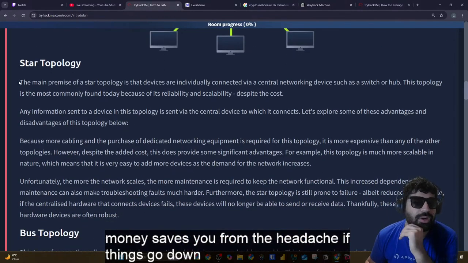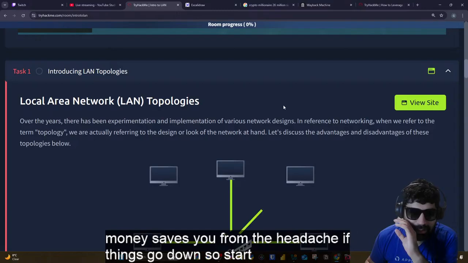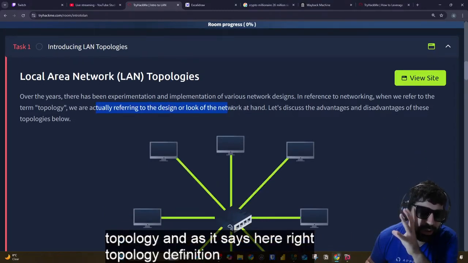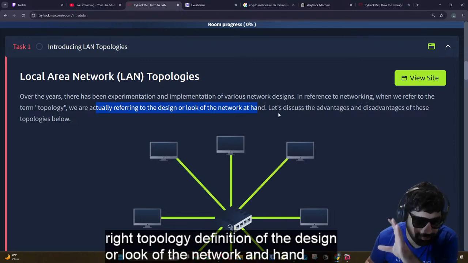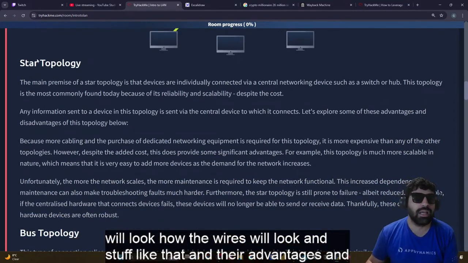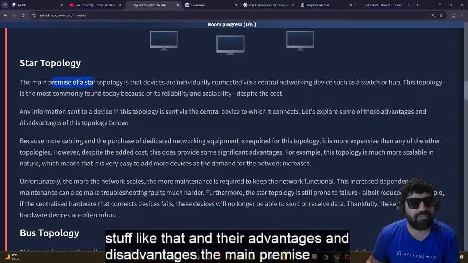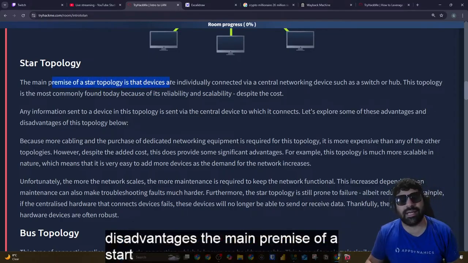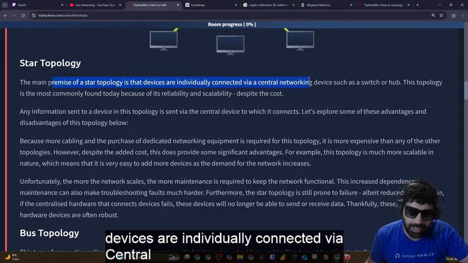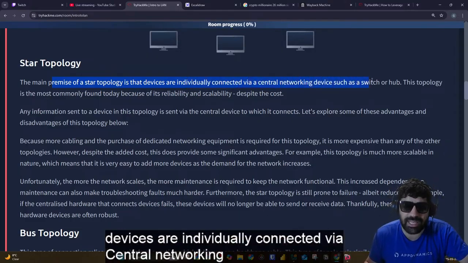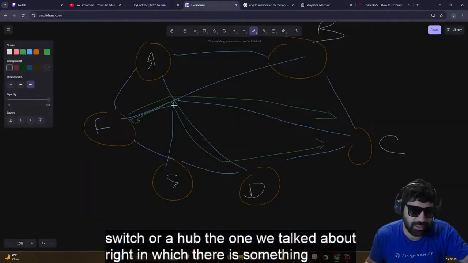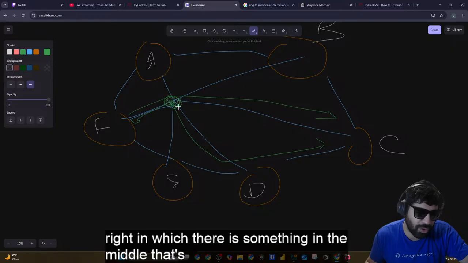So, star topology, and as it says here, by topology we are actually referring to the design or look of the network at hand, how things will look, how the wires will look, and their advantages and disadvantages. The main premise of a star topology is that devices are individually connected via a central networking device, such as a switch or a hub, the one we talked about, in which there is something in the middle taking care of everything.